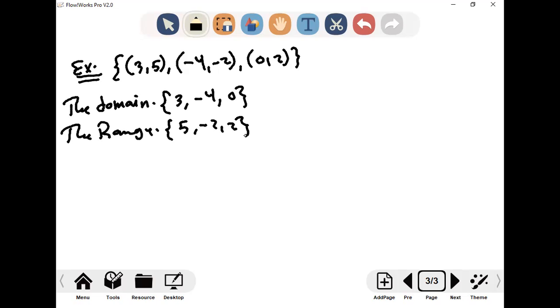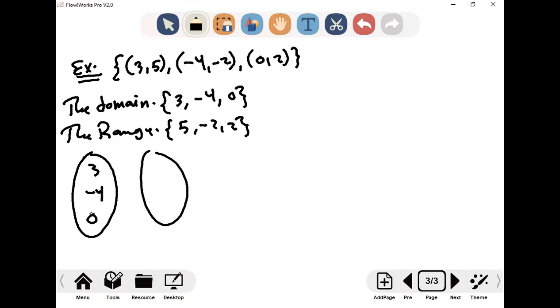Now how do we present them? As I told you, we have 3 ways. You can use the mapping. You make something like this, and you put the domain here, 3, -4, 0, and the range 5, -2, 2, and you make your arrows depending on the ordered pairs, right? The second way is to make a table.